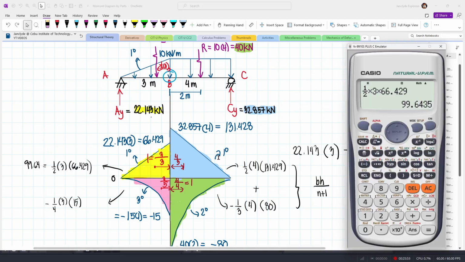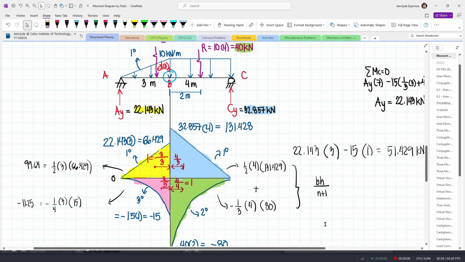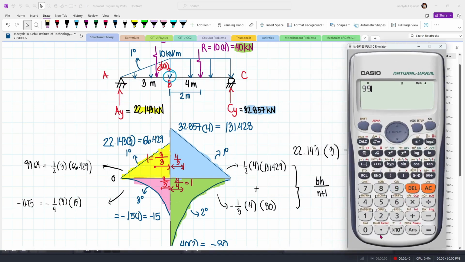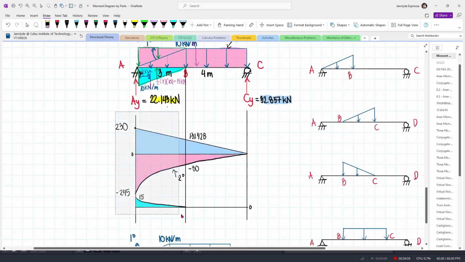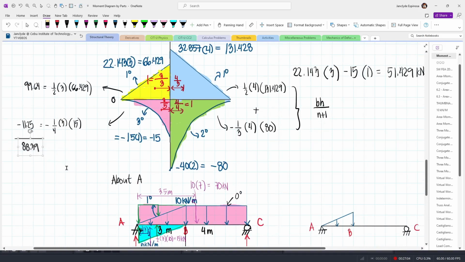And then this is 3 over 4 times 15, 3/4 times 15, this is 11.25. And this is minus. And so adding both, we have 99.64 minus 11.25, we have 88.39. And so dito, if we are going to add all of these areas, it must equal this value, 88.39.